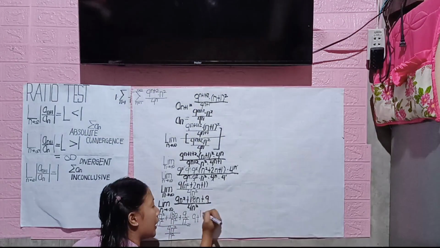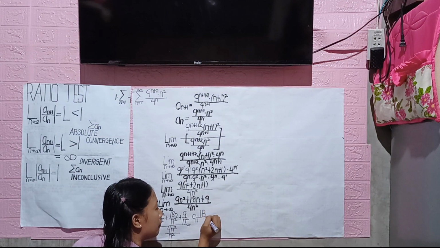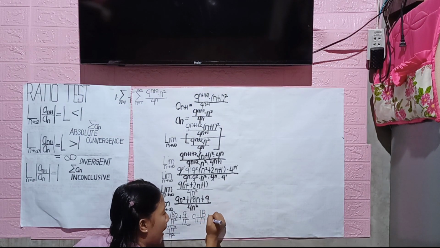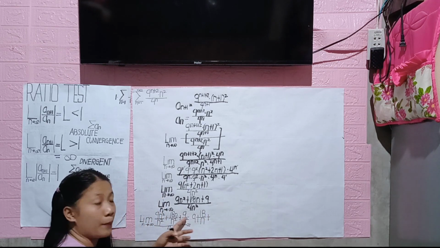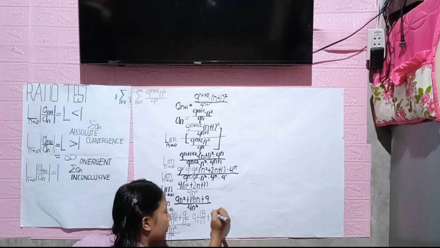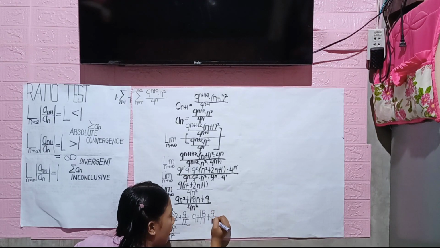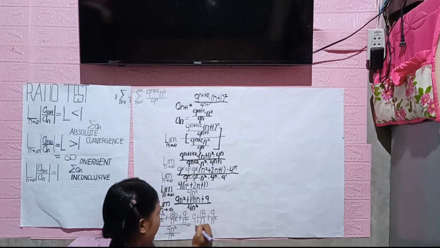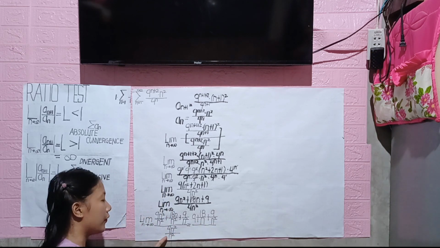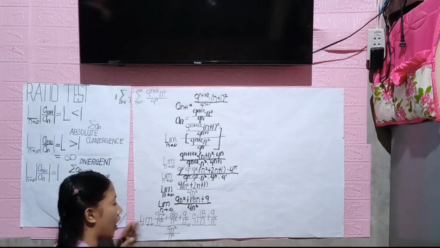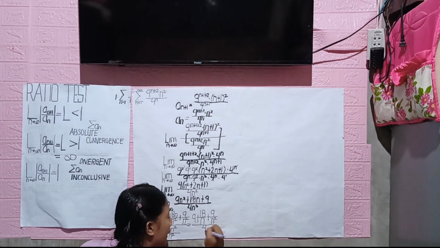will become 18 divided by n plus 9 divided by n squared. So we are going to copy this 9 divided by n squared divided by, so 4n squared divided by n squared will become 4 only.